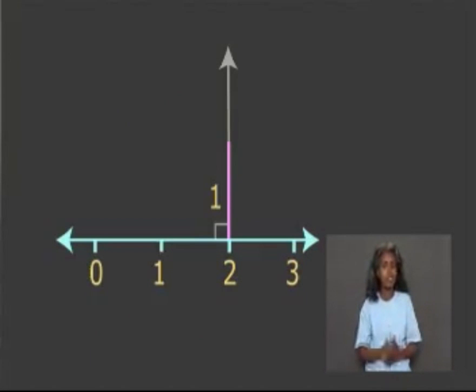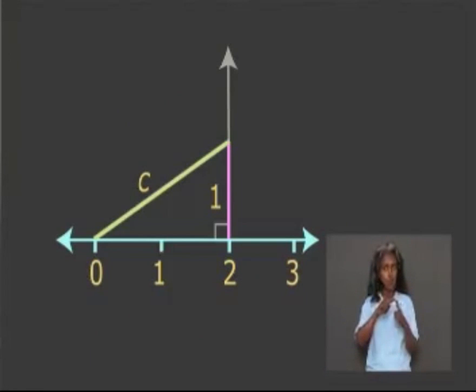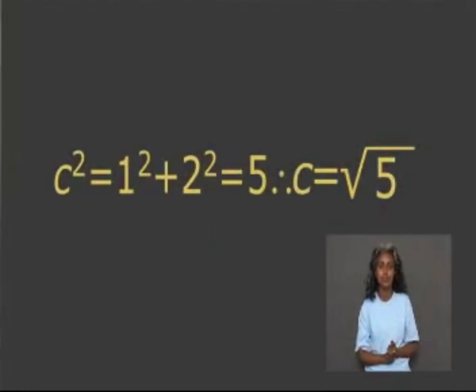Next, we draw the line segment from 0 to the top of the perpendicular line. We will call this line C. The Pythagorean theorem tells us that C has a length of the root of 5 units.